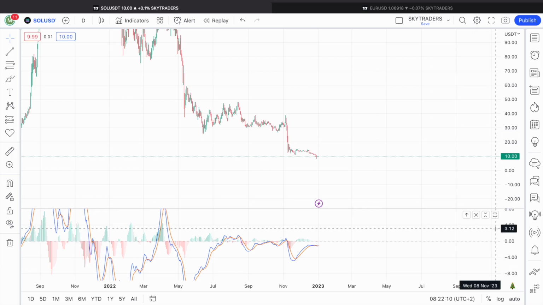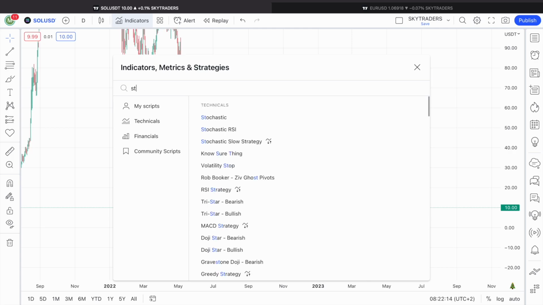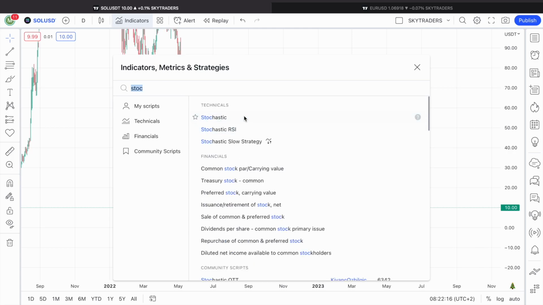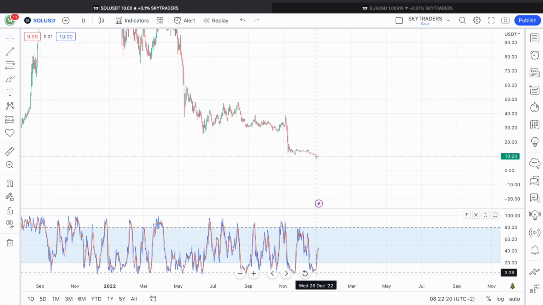Similar to what happened in here, similar to what happened in here, and so on and so forth. If you want to see another indicator, for example, let's type the stochastic indicator. And as you can see, during this level, we were at the oversold area, as retail traders call it, and we're moving now towards the 50%.